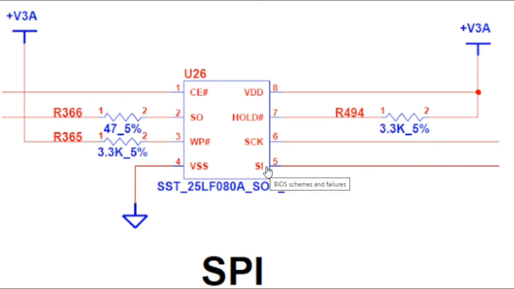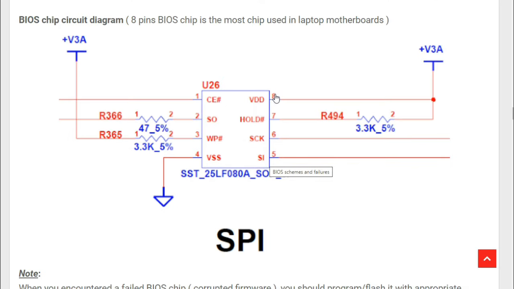Okay, so here we have input. This is the clock. This is the hold, and the VDD, as we told you before, is connected to 3 volts. So you can check if the BIOS is powered or not by checking the pin number 8. Without powering up your laptop, you can find 3 volt in pin number 8 of the BIOS.